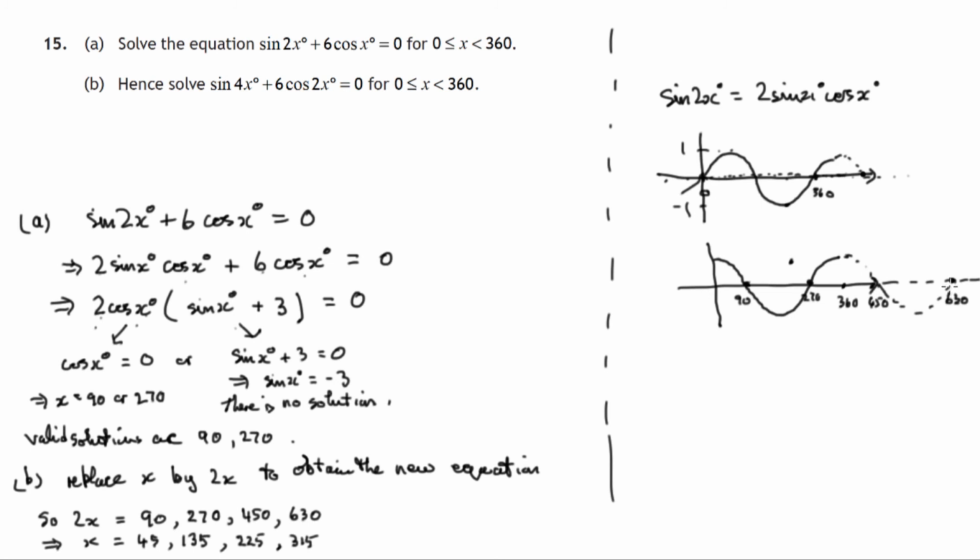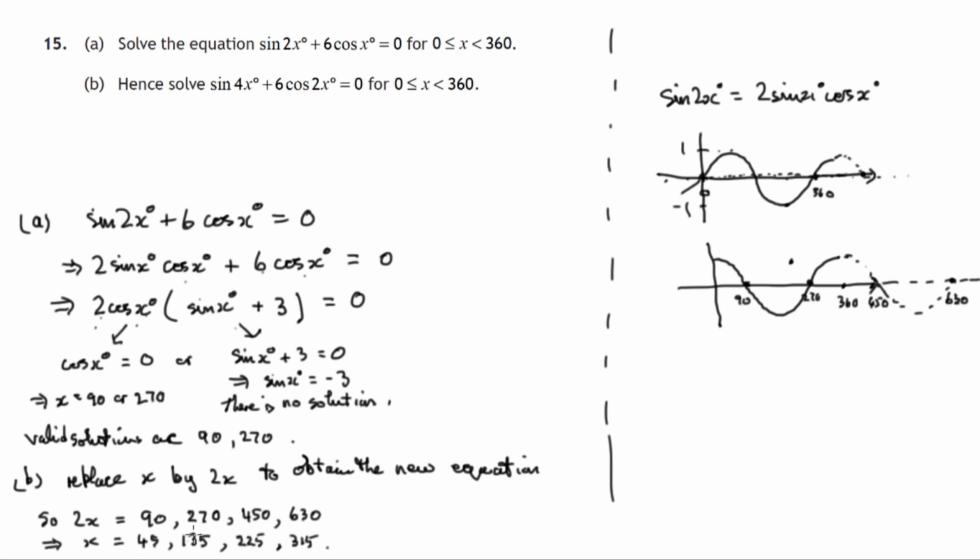Now, there's no point in going another cycle because the next one on from that, if we add 360 to this and get 810, if I halve 810, I would get 405, which is more than that 360. So I've achieved all the solutions between 0 and 360.